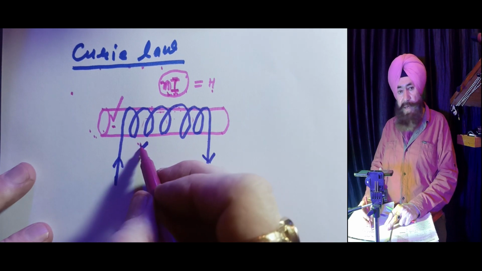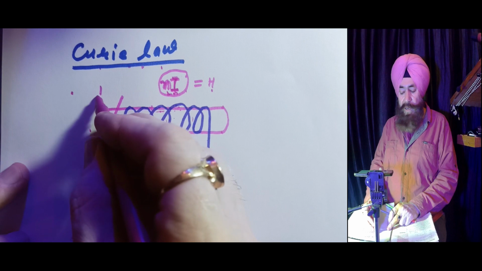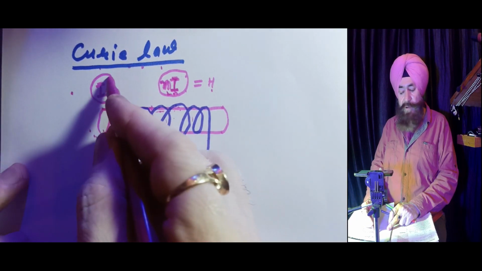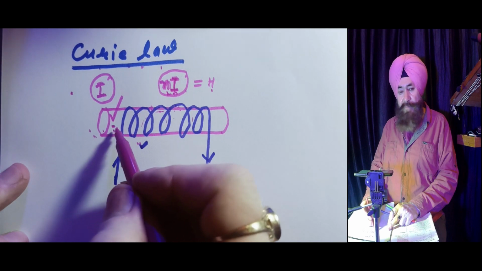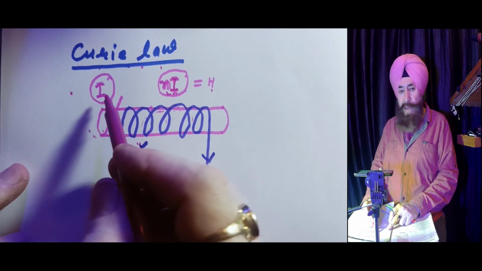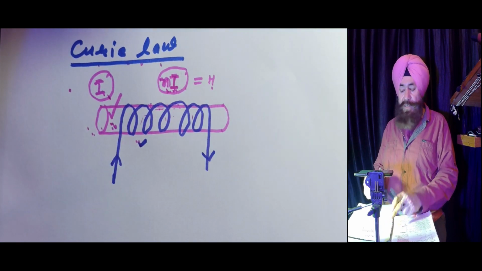Iron acquires magnetization, and that is measured by the parameter I, the intensity of magnetization.